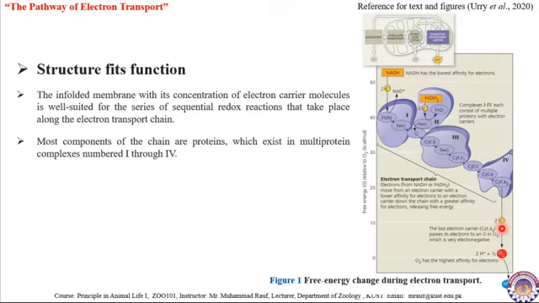Oxygen is a highly electronegative atom. So this process is known as aerobic cellular respiration because here oxygen acts as the final acceptor of electrons. So the oxygen which you inhale is basically used here.